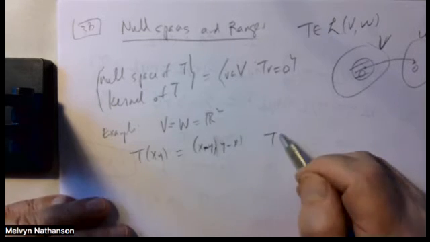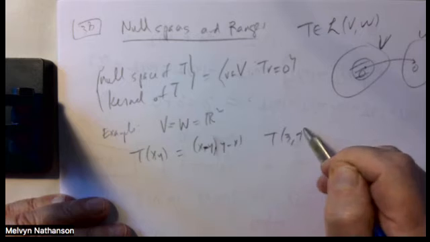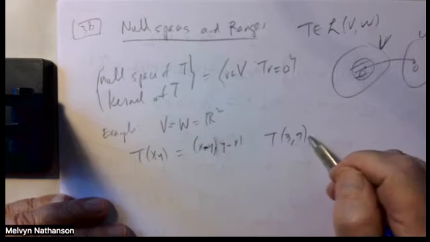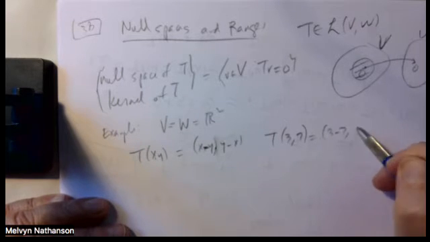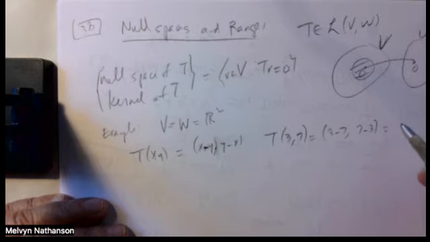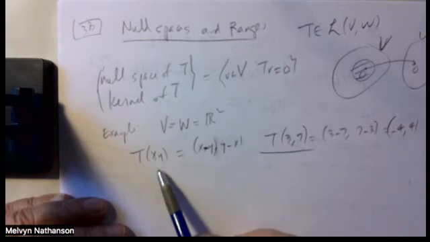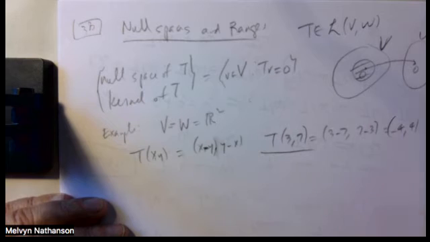For example, if I took the vector (3, 7), T of (3, 7) would be (3 minus 7, 7 minus 3). That's the vector (-4, 4). This is a linear map from R2 to R2.